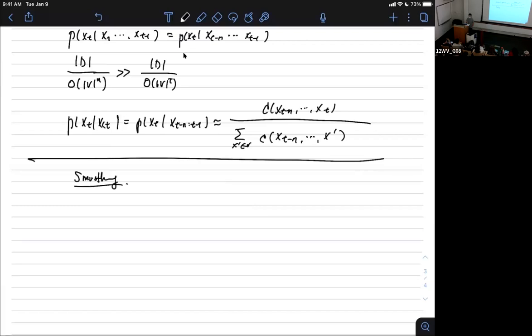Smoothing is the same as turning this maximum likelihood learning into maximum a posteriori learning. If you recall the difference between these two, in the first one we don't care about the prior knowledge. We only stick to the actual data that we see. On the other hand, in maximum a posteriori learning, we care about the prior to a certain degree.